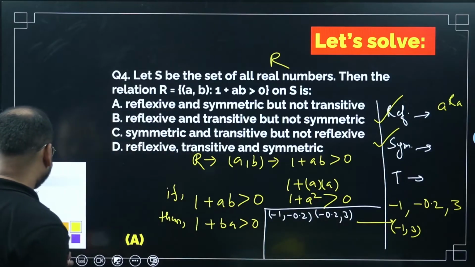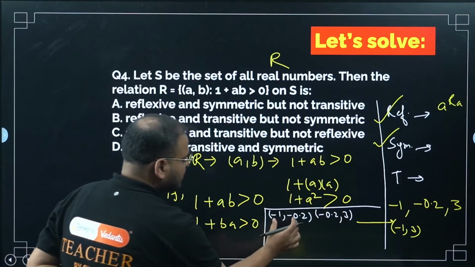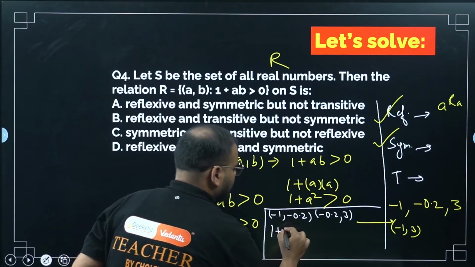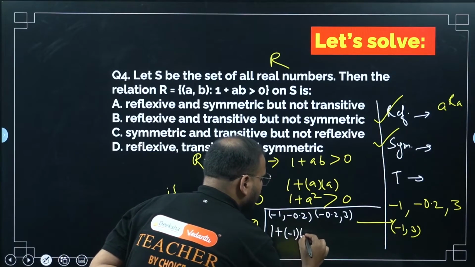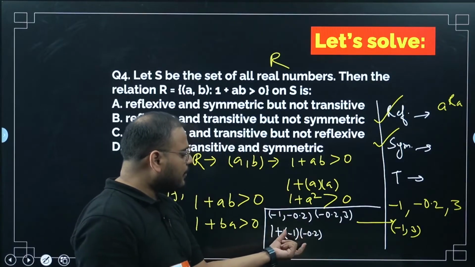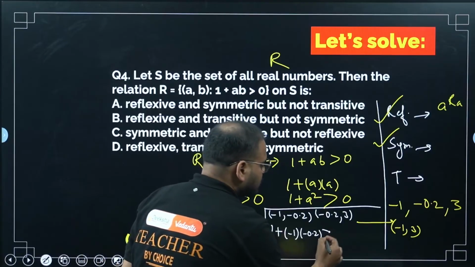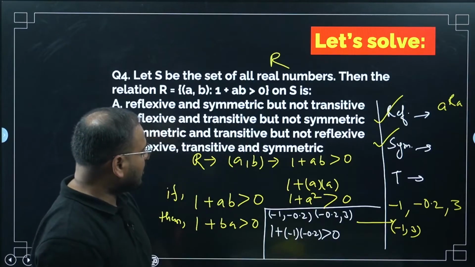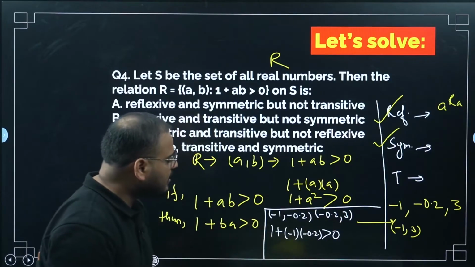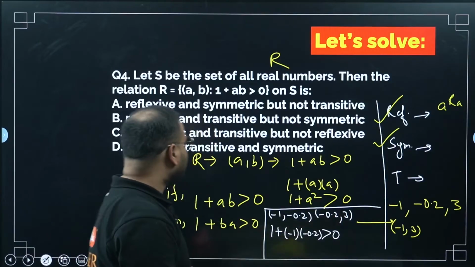Alright, chaliye. AB, check it out here, 1 plus the product of minus 1 into minus 0.2. So minus 1 into minus will become positive, so this will become positive. So it is true, sir. What about this? Minus 0.2 into 3.